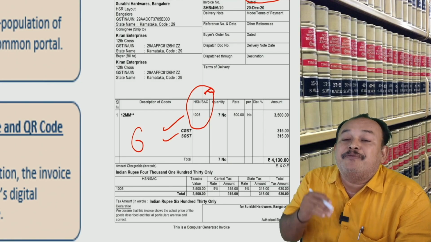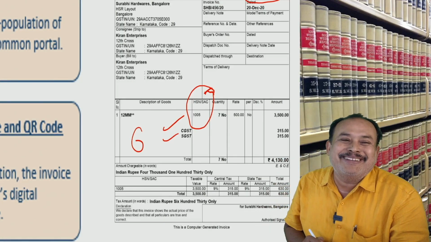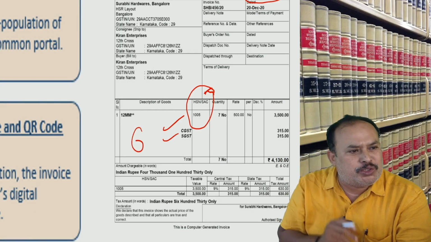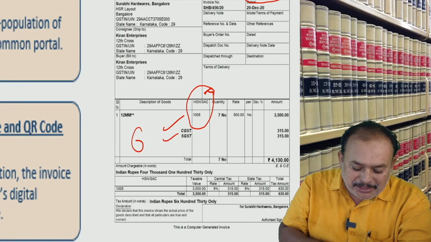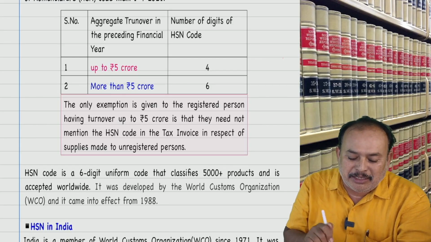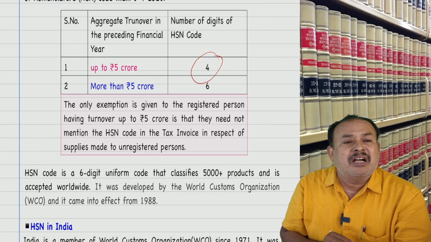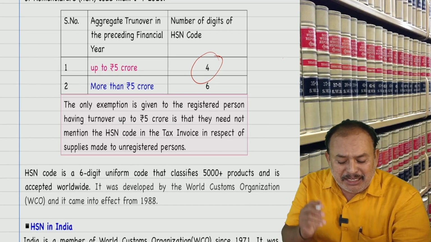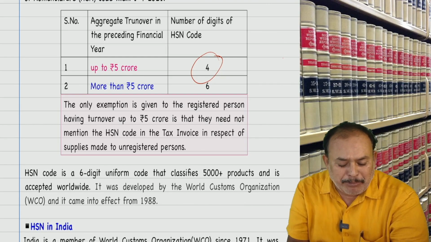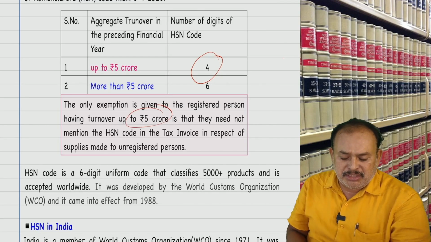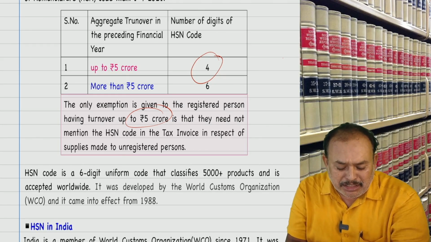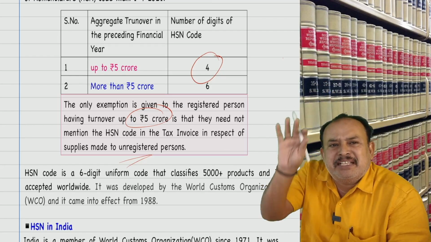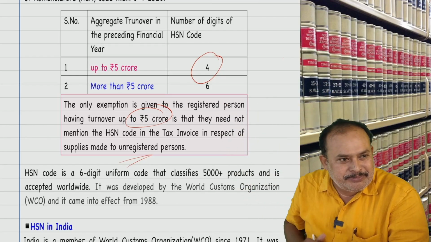Now, with more than 5 crores turnover, how many digits of HSN should be there in the invoice? 6. Up to 5 crores turnover, how many digits? 4 digits, sufficient. Sir, I made a supply to an unregistered person, and my turnover has not exceeded 5 crores. For you, not mentioning HSN is accepted.